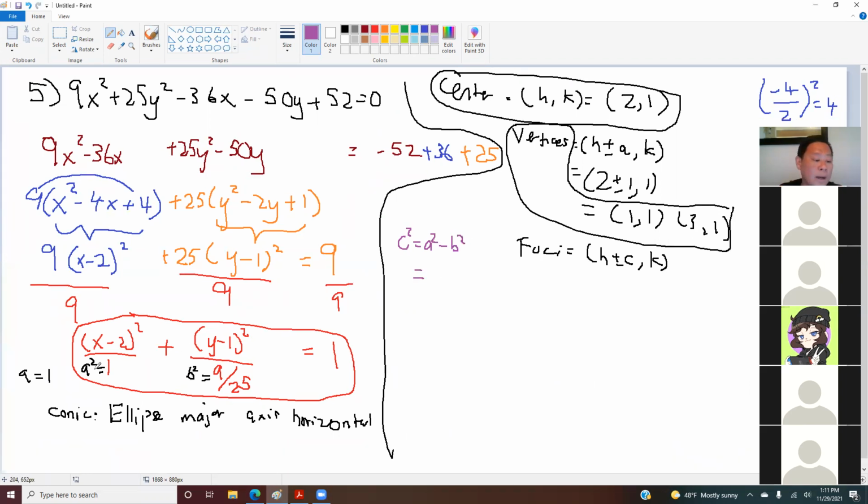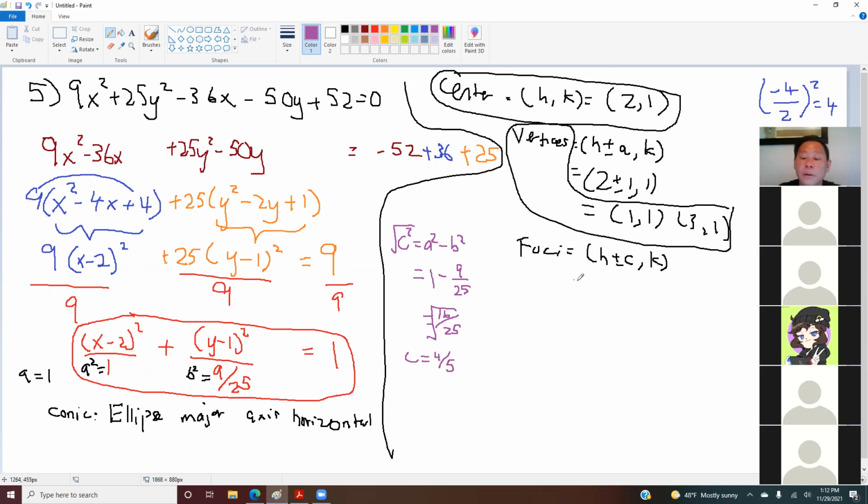A squared in this case is 1. B squared in this case is 9 over 25. So this is 16 over 25, and then you need to take the square root of it, so C in this case is 4 over 5.